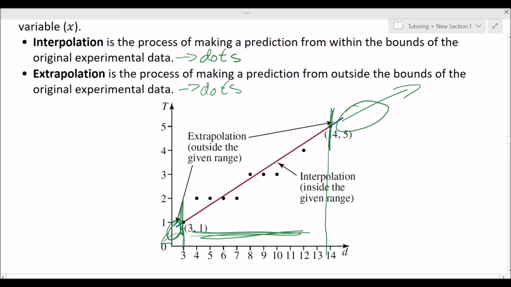But down here and up here and beyond is extrapolation, outside of the dots, outside of the experimental data. Okay, now it is important that you know that terminology because I saw some questions on the sample and mock and external exams that get you to actually define those, what process is happening at any given time. So make sure you know that terminology.